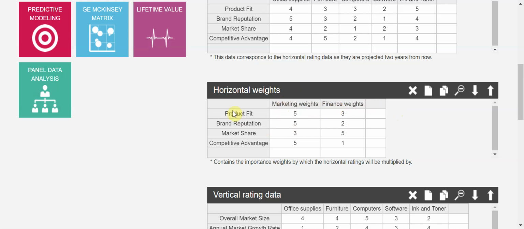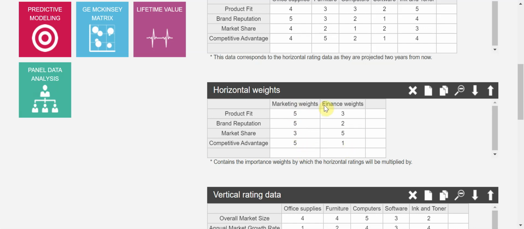So regarding these factors of business strength, they evaluated the importance of each factor, right? For example, for marketers, product fit, brand reputation, and competitive advantage are very important. Like they rated 5, right?